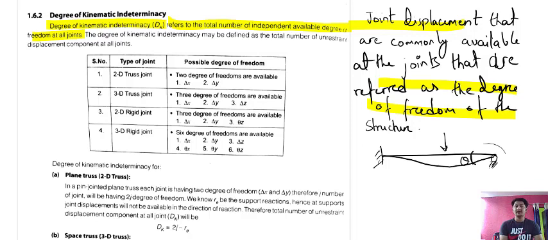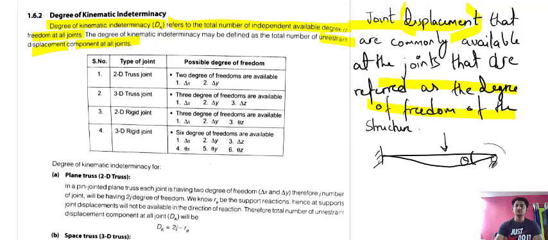The degree of kinematic indeterminacy may be defined as the total number of unrestrained displacement components at all the joints. The displacement we are talking about is unrestrained. There are two types, unrestrained and restrained.